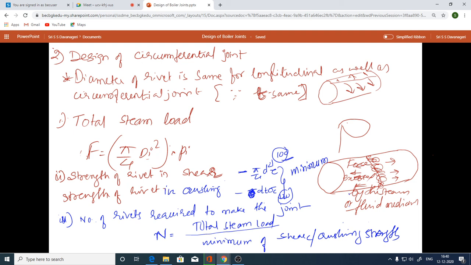Once you have got the total number of rivets, then you need to go for rivets per row, that is, how many rivets you need to place in a row.